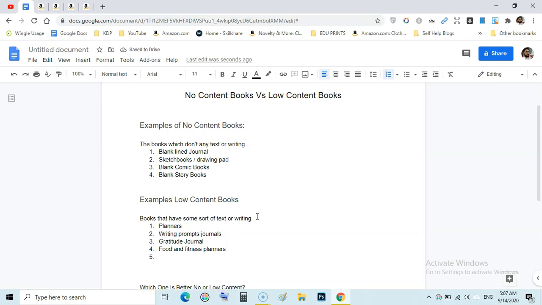There can also be logbooks. So let's have a look at examples of these books on Amazon.